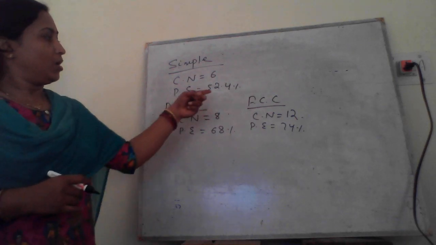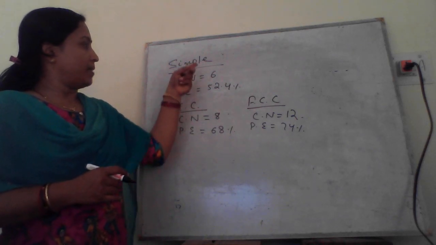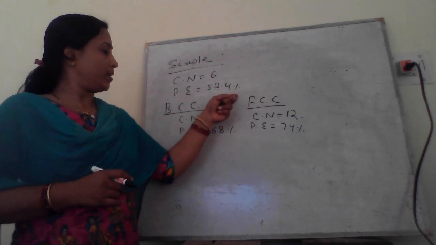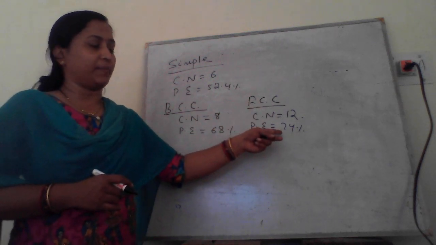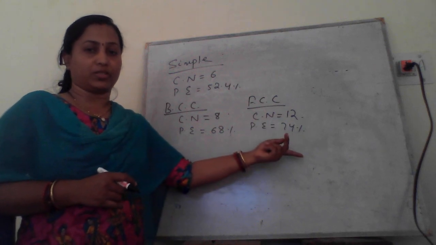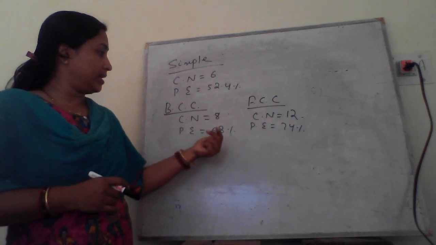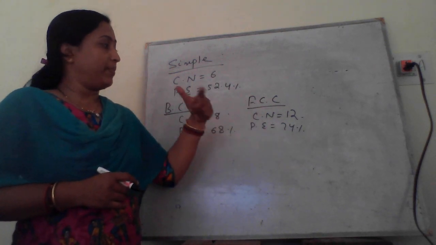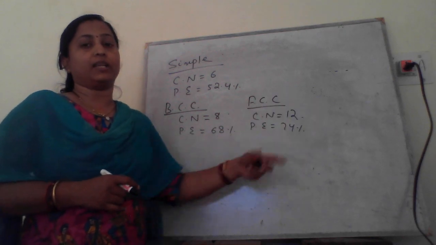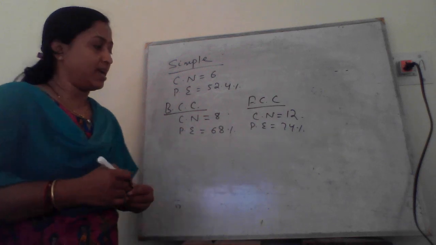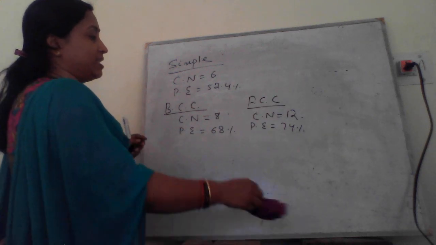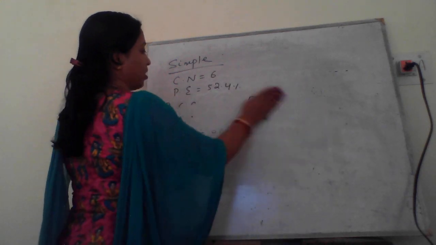So here packing efficiency 52.4%, here 68%, and here 74%. Between these three packings, the best packing is FCC. So most crystals show FCC packing, where the packing efficiency is maximum in solid state.